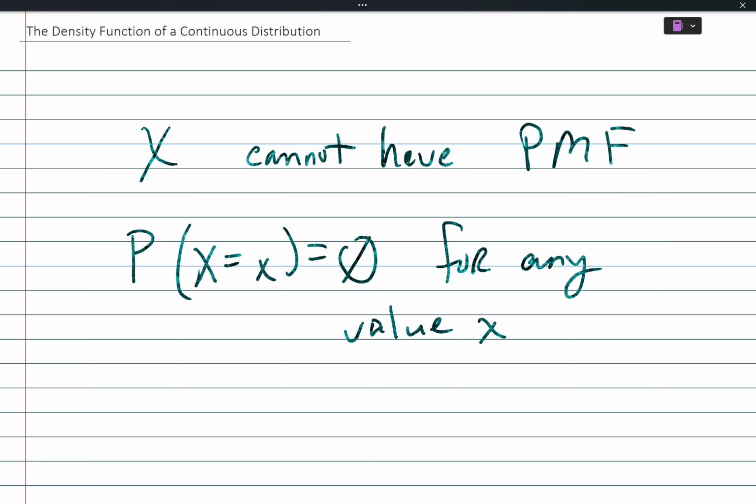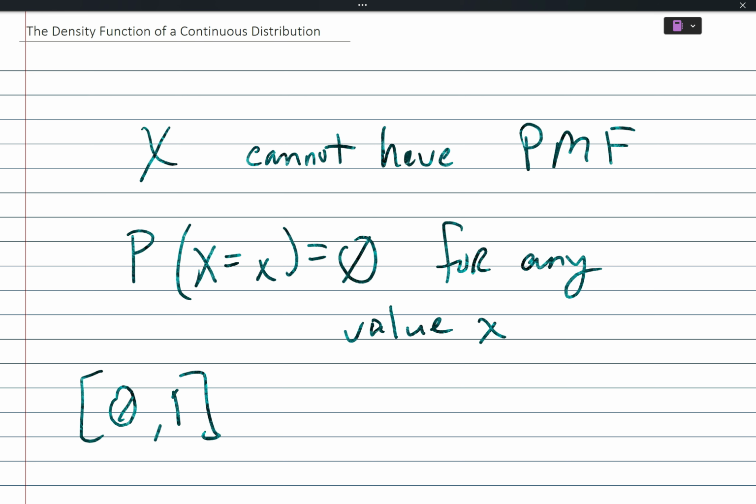Although this fact is rather counterintuitive, it can be demonstrated with the continuous random variable X that records the outcome of selecting a number at random from the interval 0 to 1.